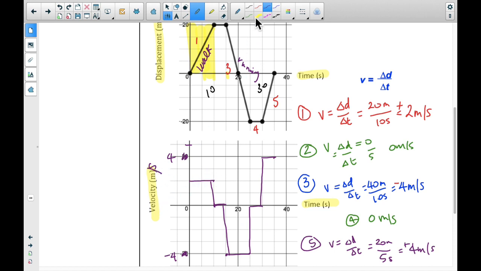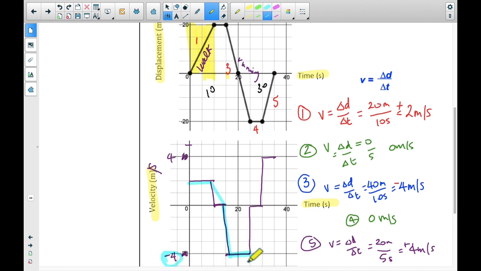This is a velocity time graph. And so it's a little bit different because it's velocity time. But here we are running at a constant velocity. And then we stop for 5 seconds. And then we run a little bit, then we transition over. And then we run a little bit faster, but we're running backwards.